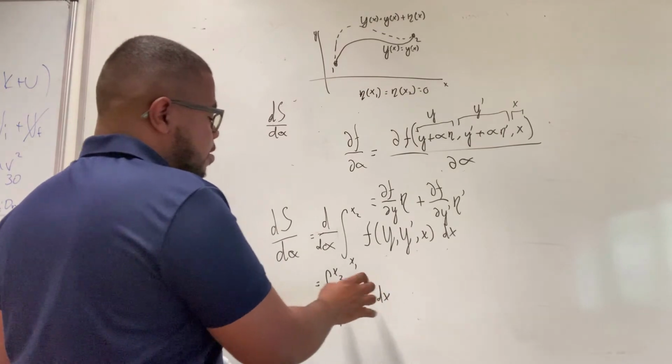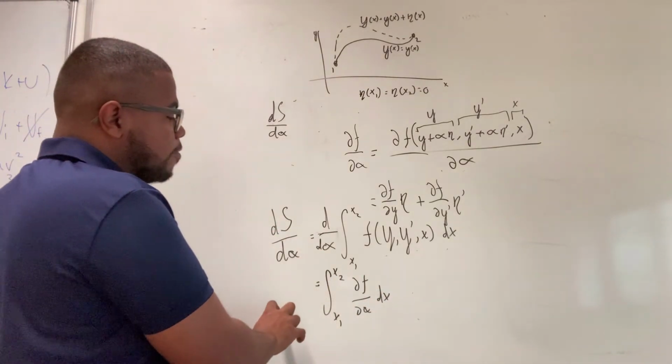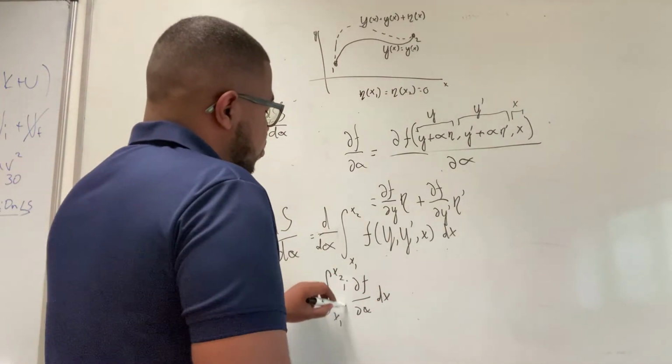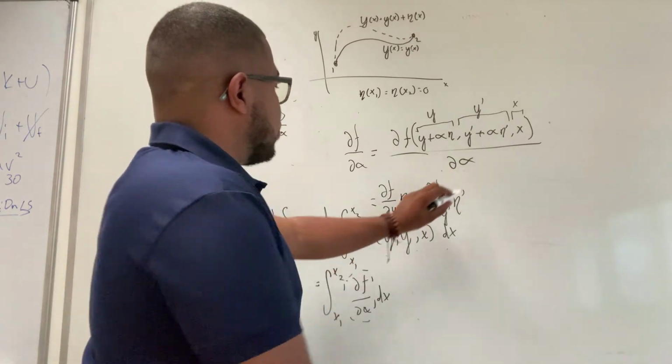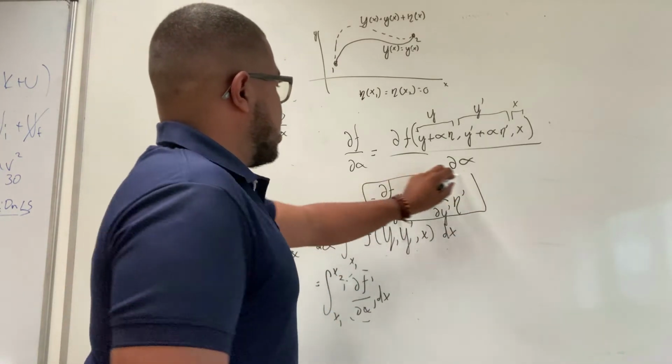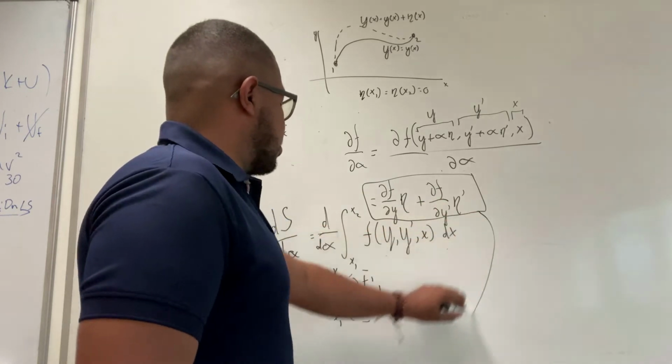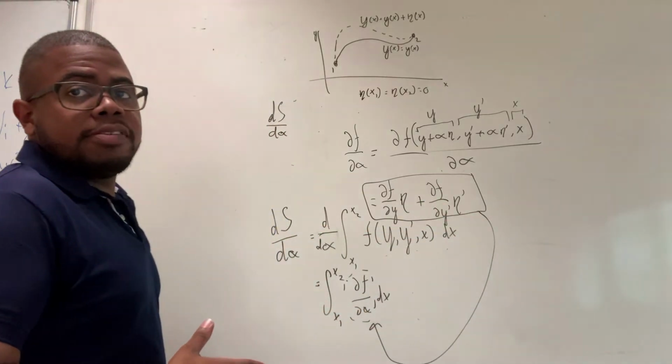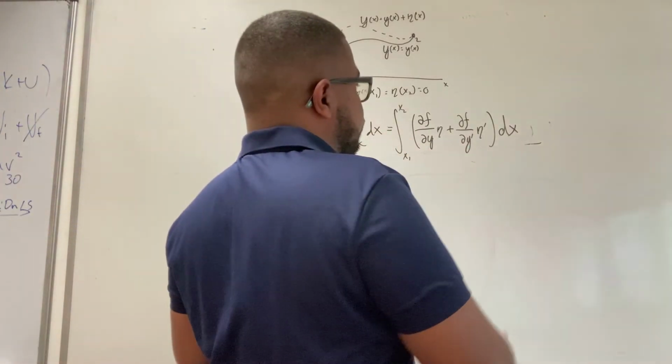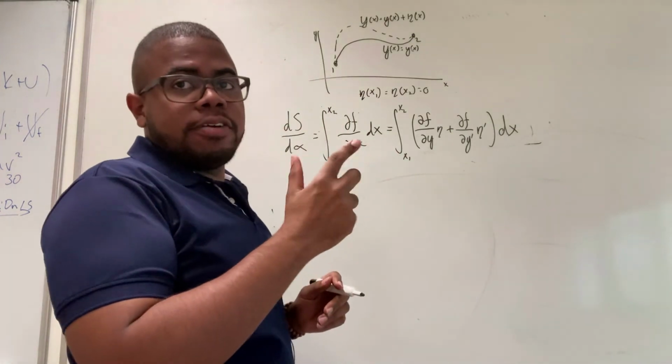Now, knowing that this is the expression for ds d alpha means that we can actually substitute what we found right here into this expression, right in the integral sign. Basically, having this expression right here, we can now do one last bit of trickery.